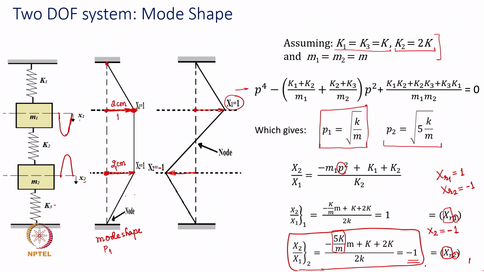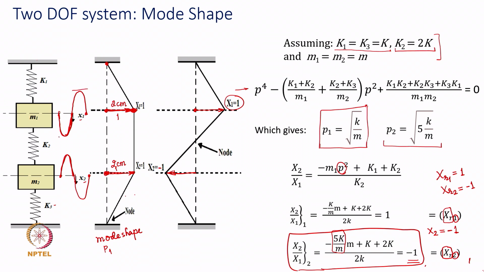Mind you, x1 and x2 are defined positive downwards. So, in the first half cycle of oscillation, if mass m1 goes down like this, the mass m2 goes up like that, and then it will complete its cycle like this, and here it will complete its cycle here.